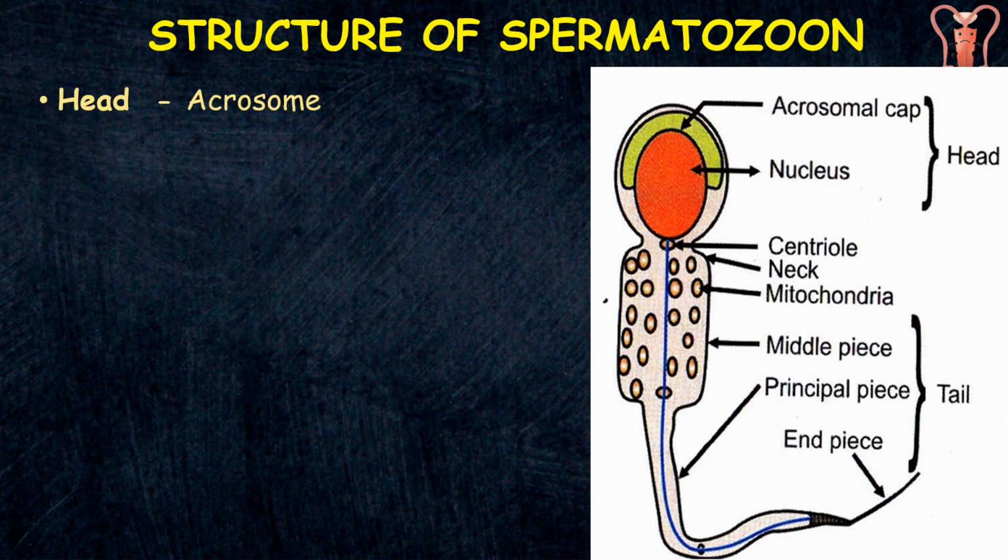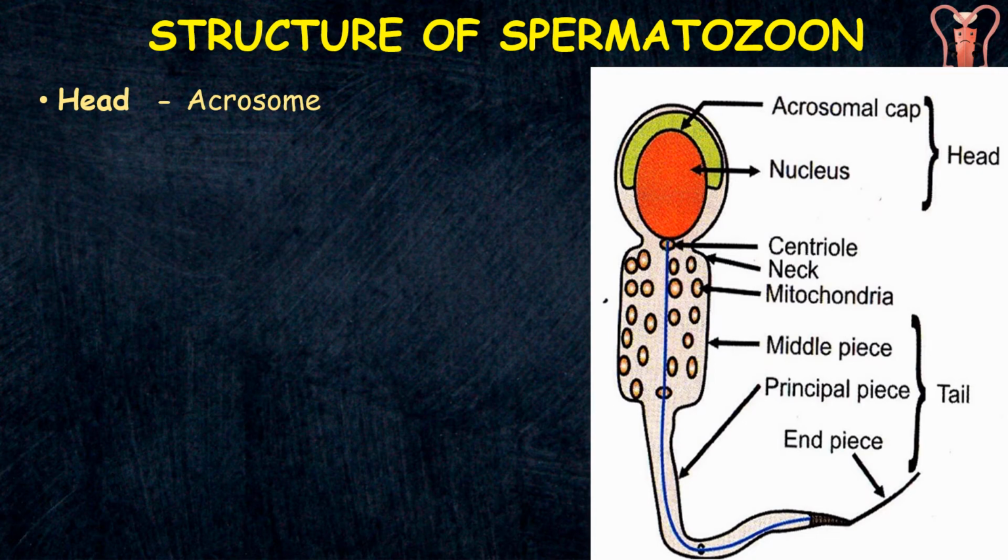So the head is oval in shape. It is mainly composed of a condensed nucleus with a very thin cytoplasmic cell membrane layer around it. It is surrounded by an acrosome, which is a thick cap-like structure which covers the anterior two-thirds of the head.